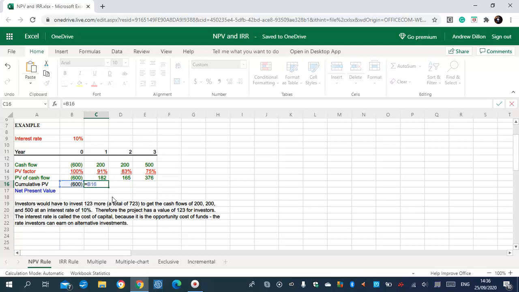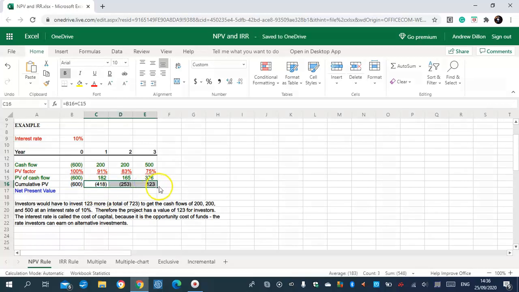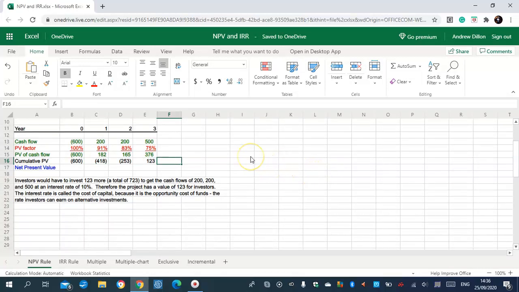B16 plus C15. And then there is a note saying that investors will have to invest 123 more, a total of 723, to get the cash flows of 200, 200 and 500 at an interest rate of 10%.